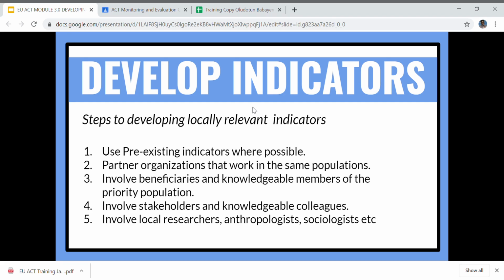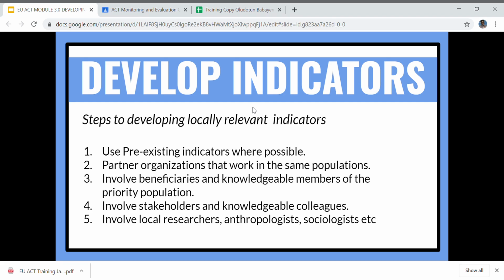And you can actually ask yourself, how many of your programs or projects have you gone to meet with the beneficiaries and asked, what does success mean? What does improved livelihood mean? What does strengthening dialogue mechanisms mean? What does increasing the children with disabilities in basic education mean?